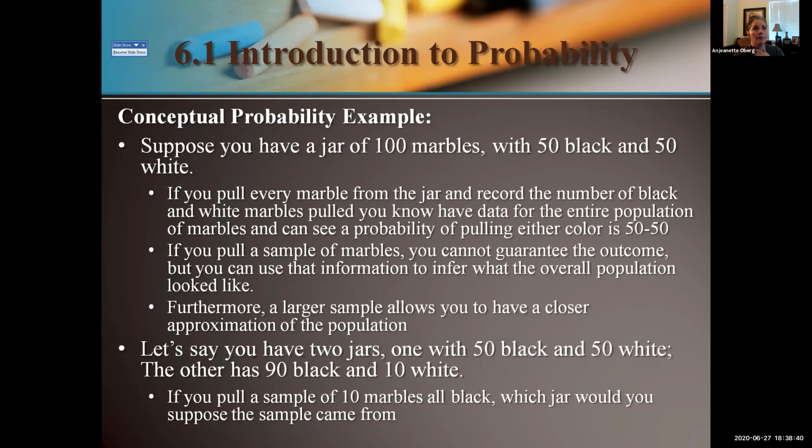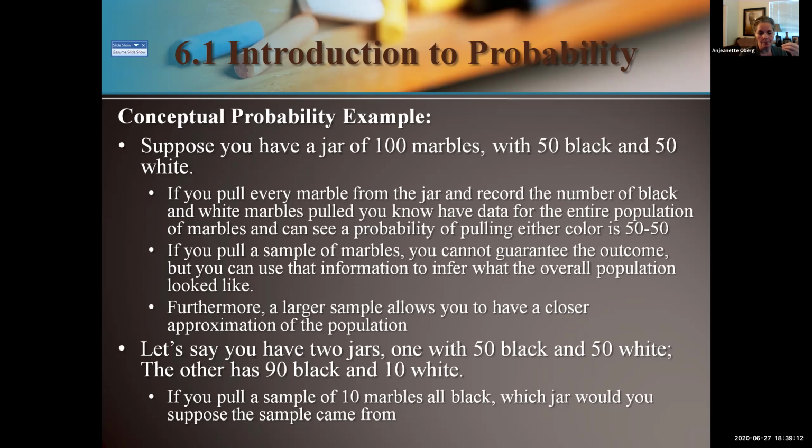Think of a jar of marbles, like when you guess how many jelly beans are in a jar. If there's 50 black and 50 white marbles, then if I pull out a marble, I have a 50% chance it's going to be black, and a 50% chance that it's going to be white.